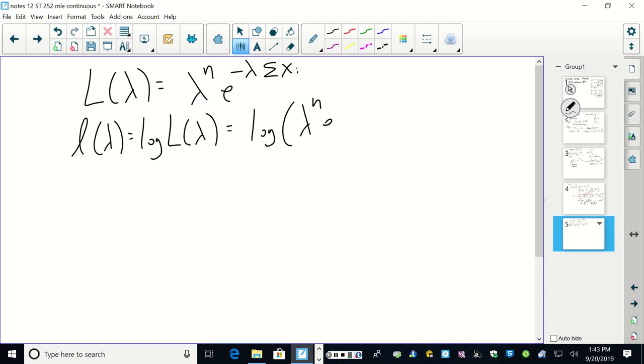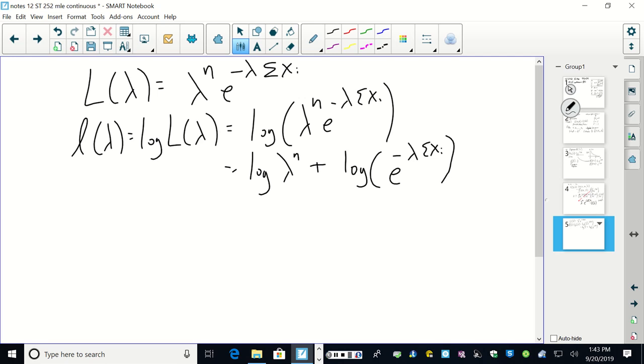The log of a product splits into the sum of the logs, and then the log of something to a power becomes n times the log of that. The log here is always going to be the natural log, unless we really have a base 10 application. So these two things are inverses of each other, and it's just negative lambda sum of xi.